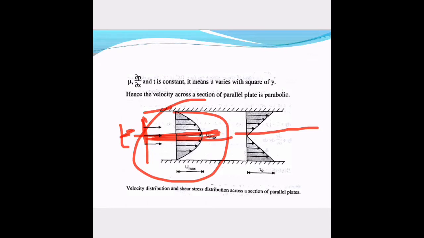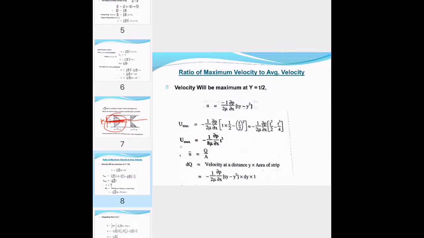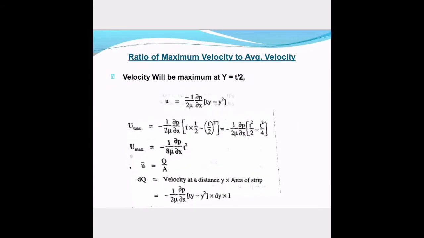The maximum velocity, which occurs in the middle of the plate, is denoted by u maximum. So we have to find out u maximum. How can we find it? u maximum occurs when y equal to t by 2. In the velocity equation, u equal to minus 1 by 2 mu del p by del x into (ty minus y square), in place of y substitute y equal to t by 2.